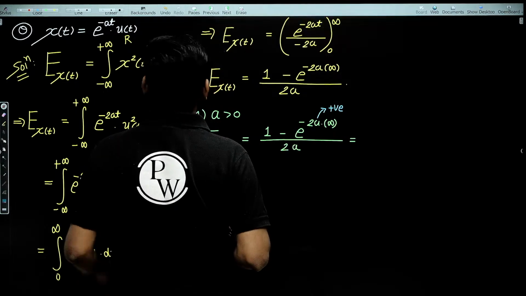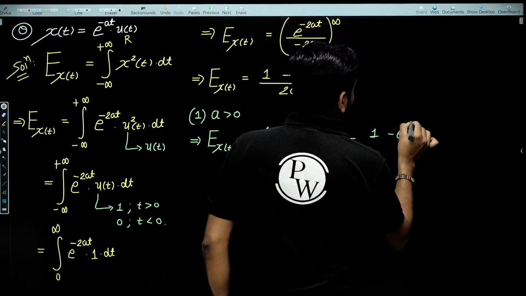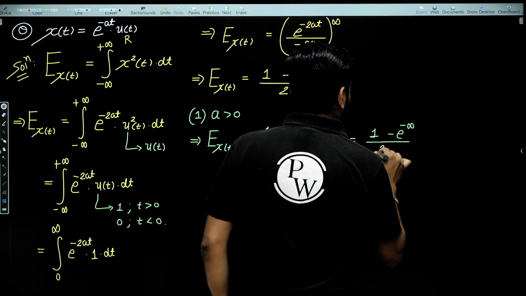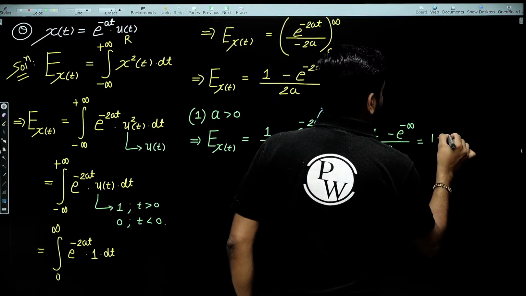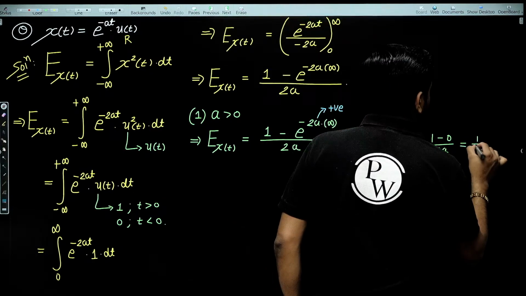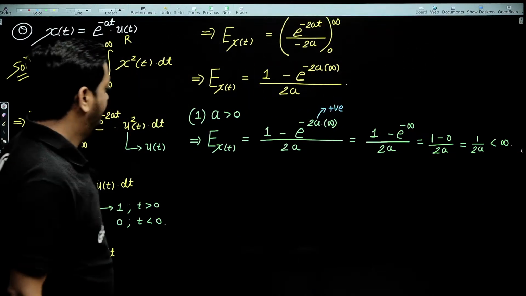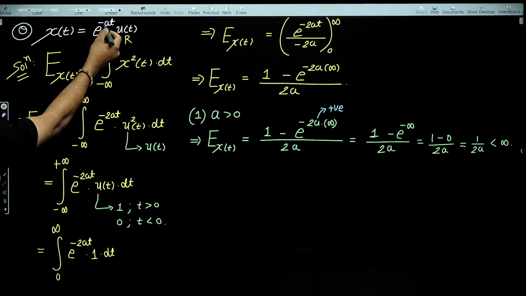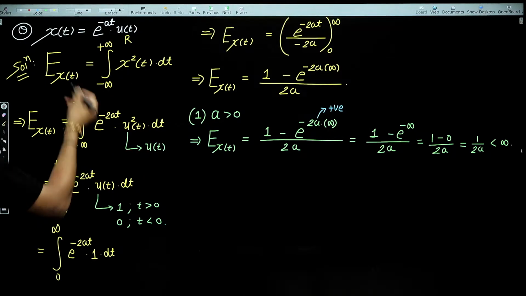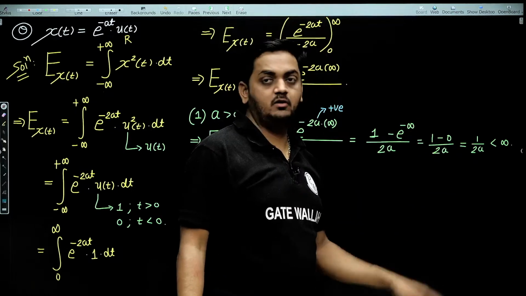Then we get e to the power minus infinite divided by 2a, and e to the power minus infinite is 0. So the energy will be 1 upon 2a, which is less than infinite. So if a is positive, it is a right-sided decreasing function, and as it is a decreasing function, the energy will be finite and it will be 1 upon 2a.